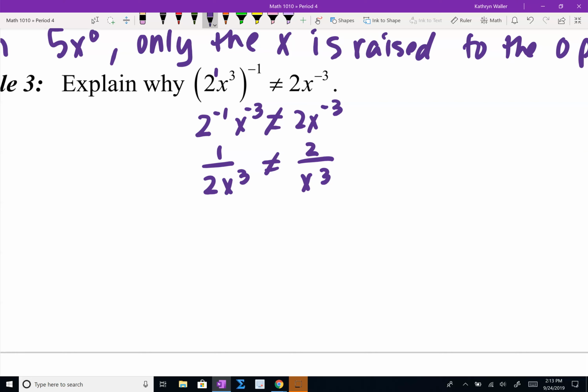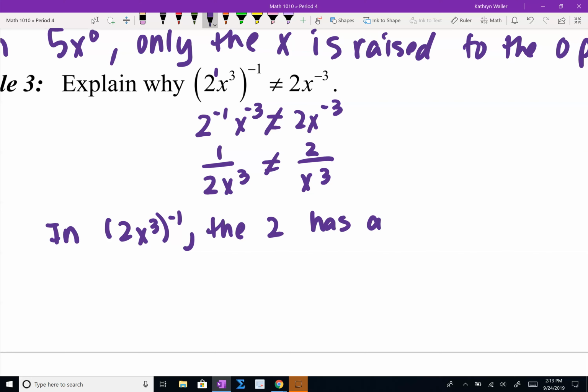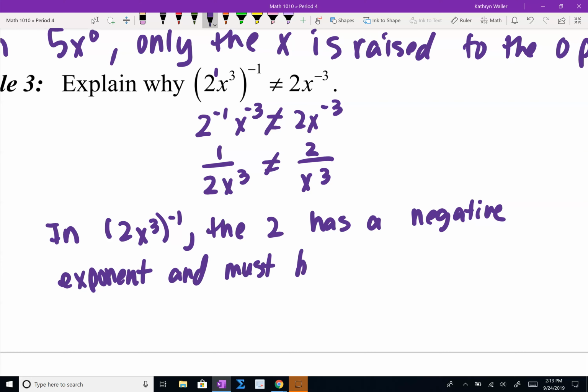So I would say, in 2x to the third in parentheses to the negative first, comma, the 2 has a negative exponent and must be moved to the bottom.